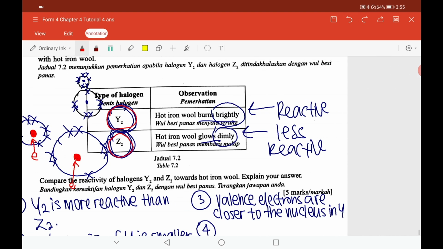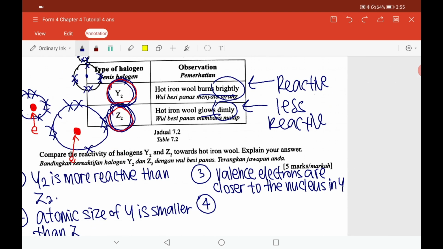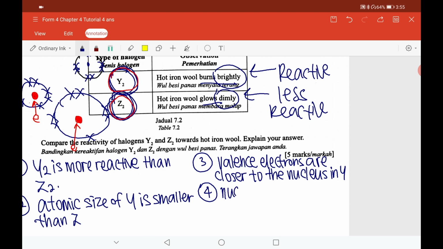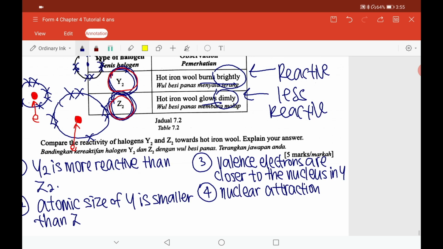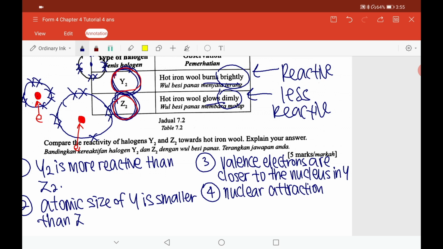Okay, so let's write it. The nuclear attraction between nucleus and electron.